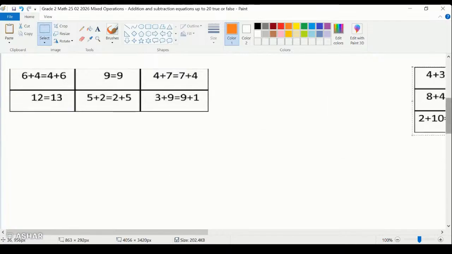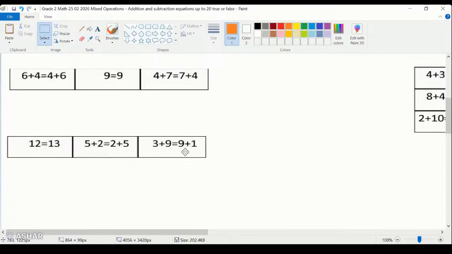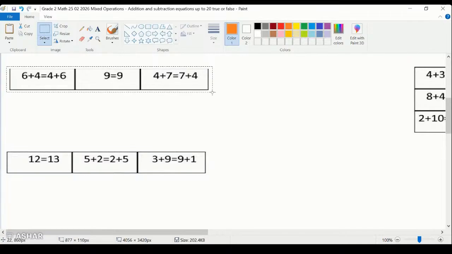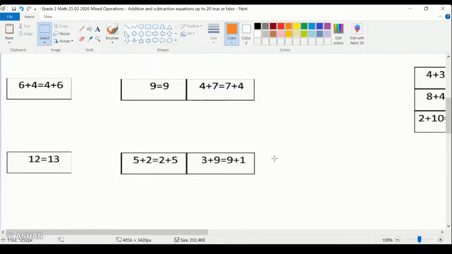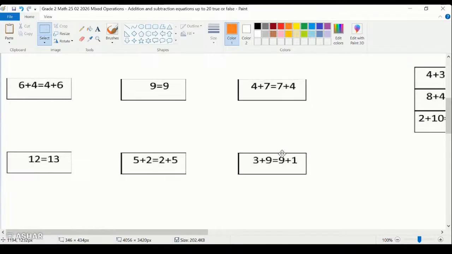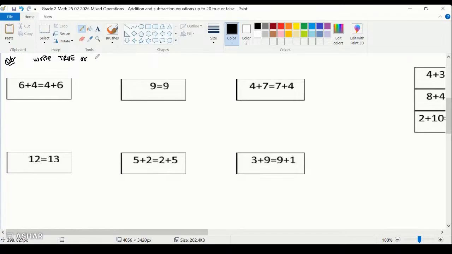Okay, this is our question number 6 with 6 parts, and what we need to do is write whether the statement is true or false. Question number 6 says write true or false.